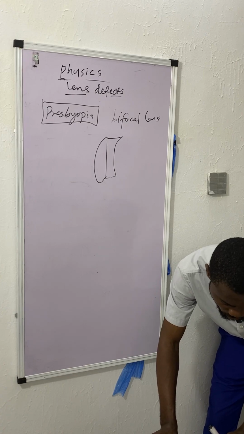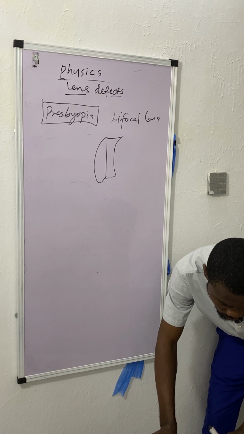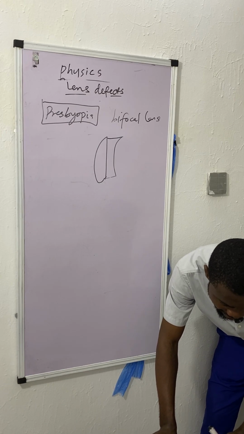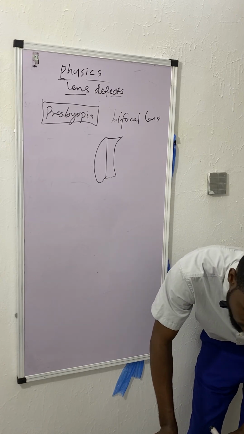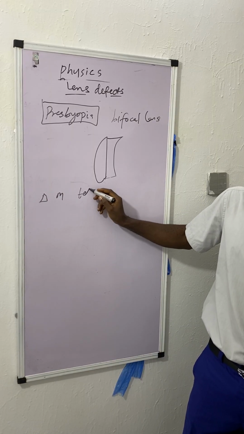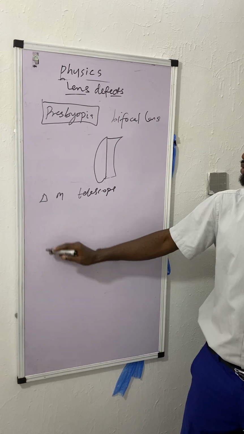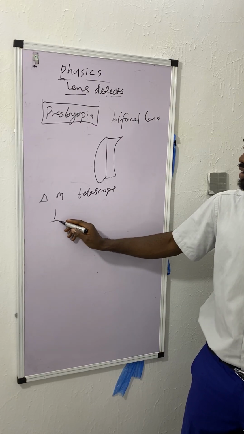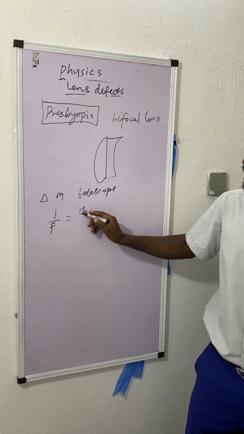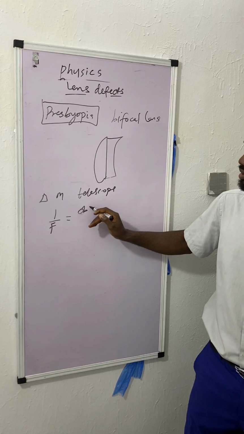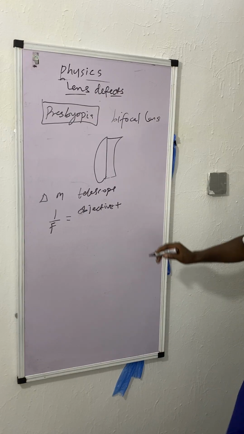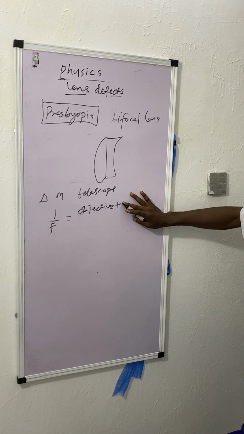Let's look at something real quick before we continue. Question 1: what is the angular magnification of a telescope? That's one of the questions I saw. The angular magnification of a telescope is the ratio of the angle at the observer to the angle at the objective, in terms of focal lengths: objective lens plus eyepiece.